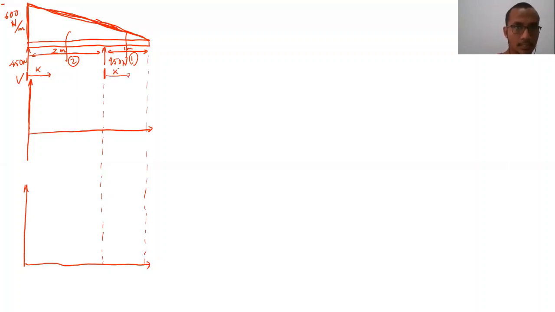This one is x-axis, to make it easier for us to solve the problem. So later the second cut will work for x between 0 to 2 meters. That's for the second cut.